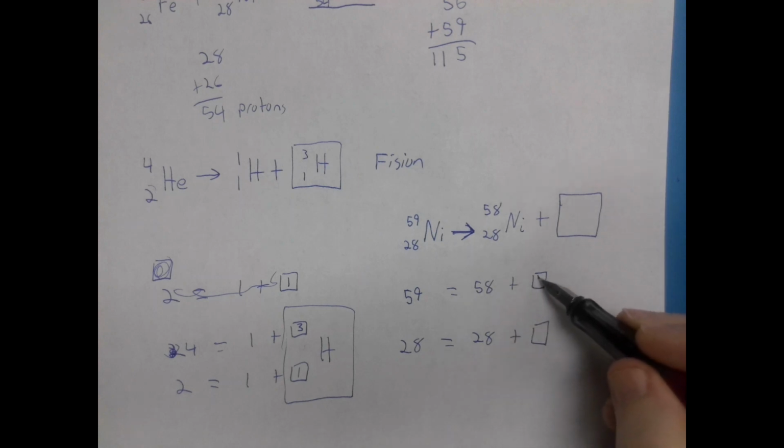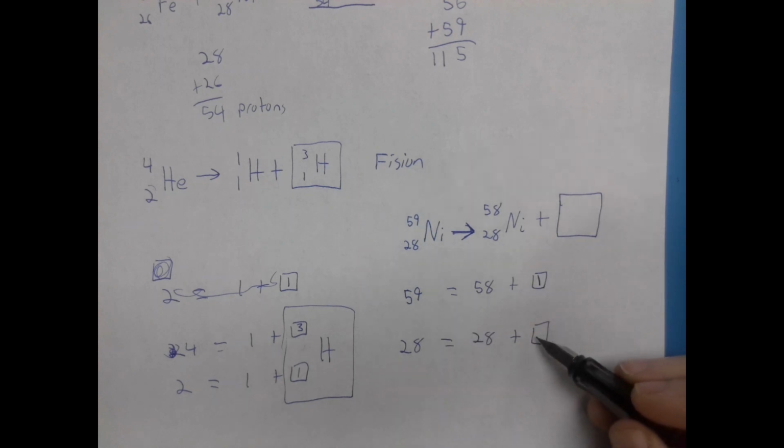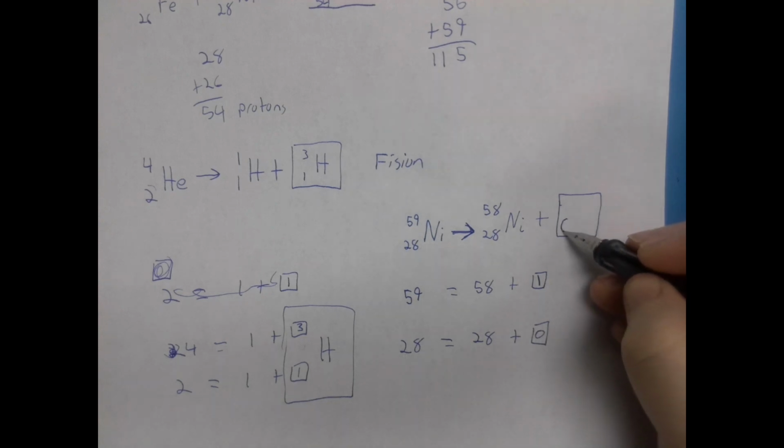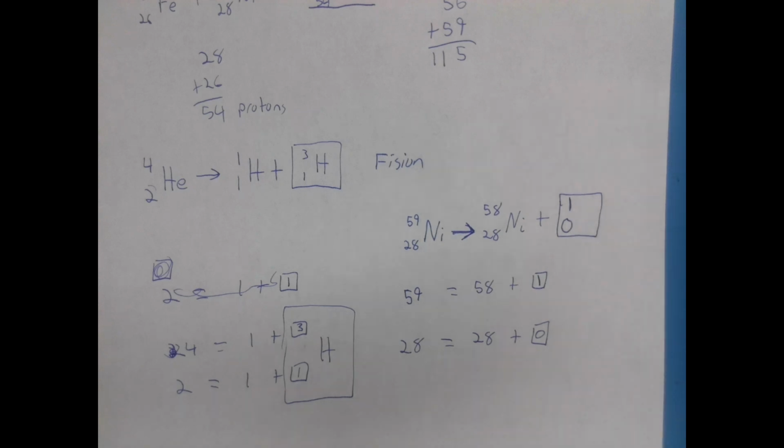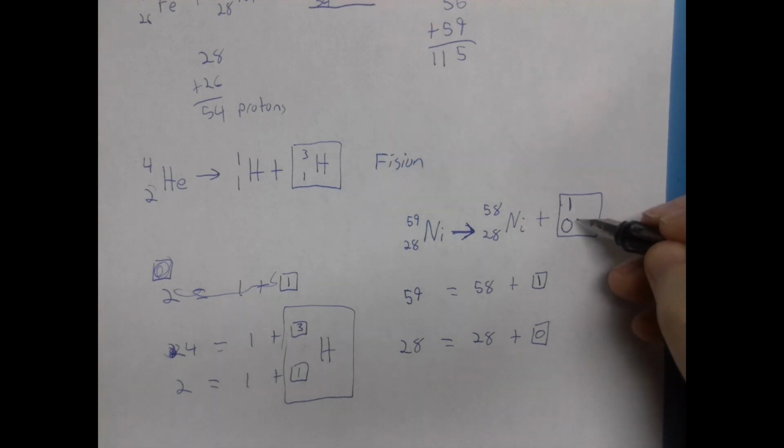So 58 plus 1 gives you 59. 28 plus 0 gives you 28. So we can go ahead and solve for the two numbers. The symbol we put here, if you have a mass of 1 but not a proton, means you're a neutron.